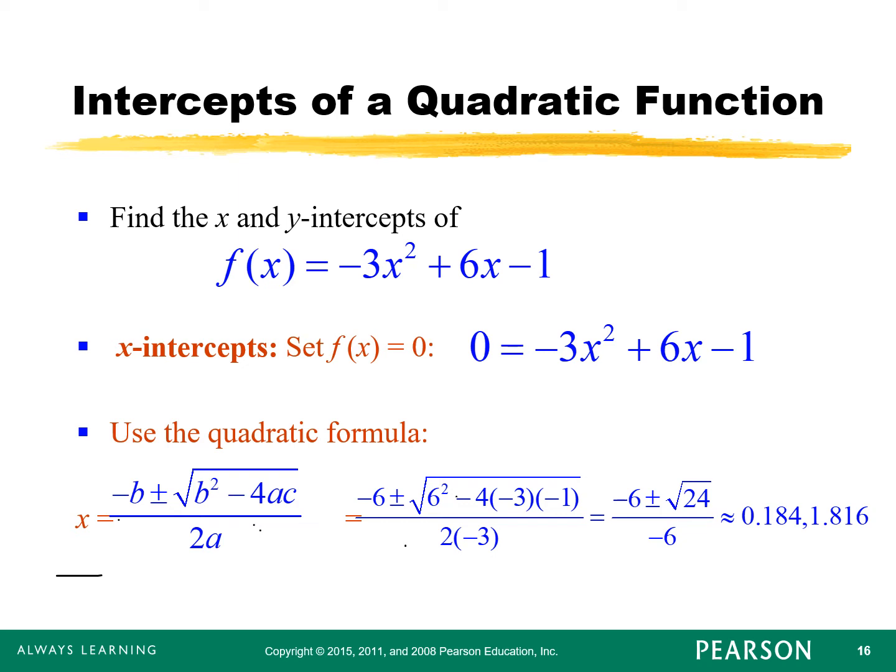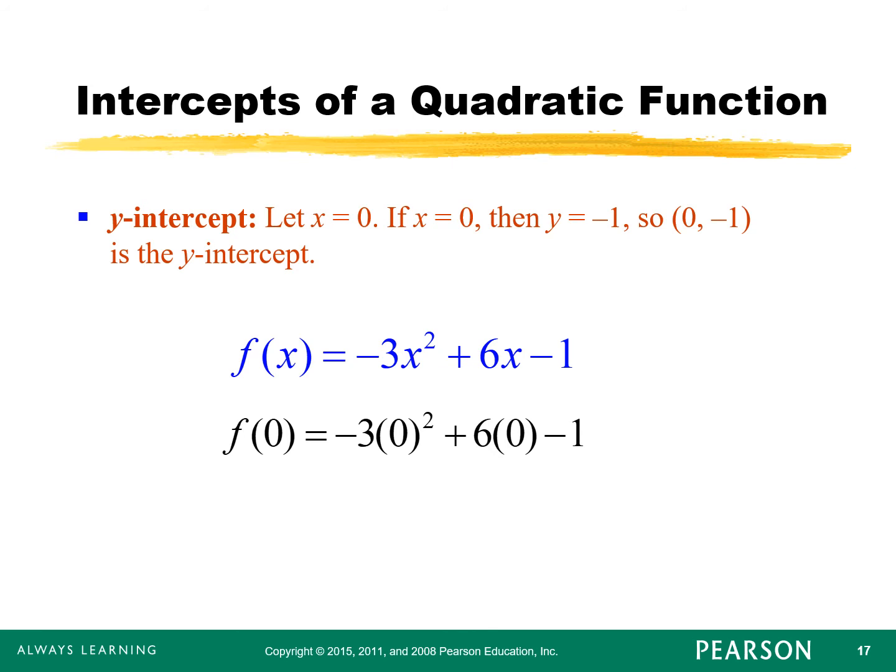Now, let's talk about the y-intercept of a function. If we want to find the y-intercept of a function, it's easy. Just in the place of x, we will replace it by 0. At the place of x here and here, we will replace it by 0.